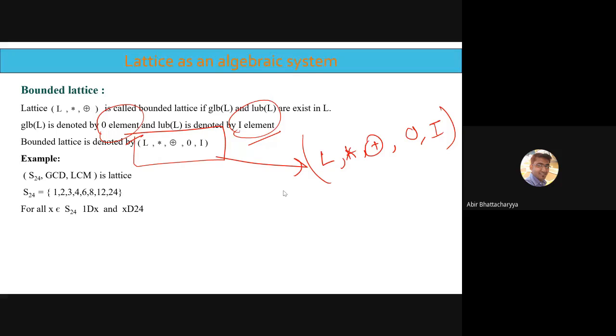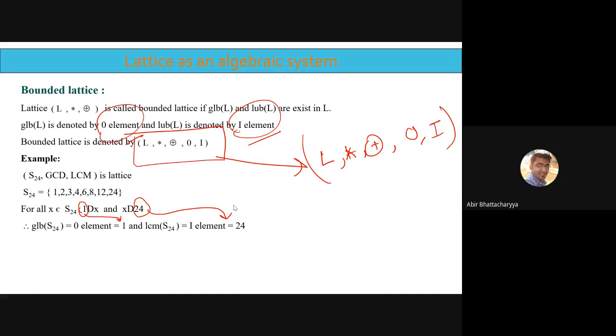Since this property is satisfied, your 0 element is 1 in this case, because 1 divides x. And x divides 24 means the I element is 24. The maximal element is 24 and the minimal element of the set is 1. That is the 0 element and I element.